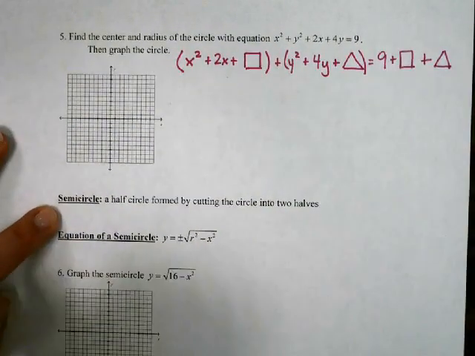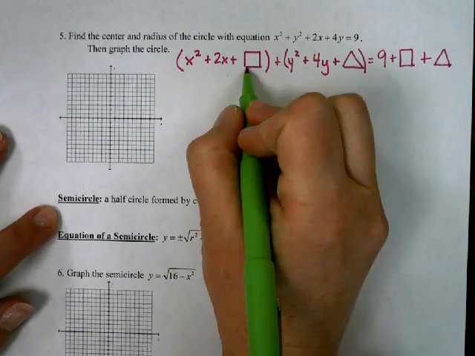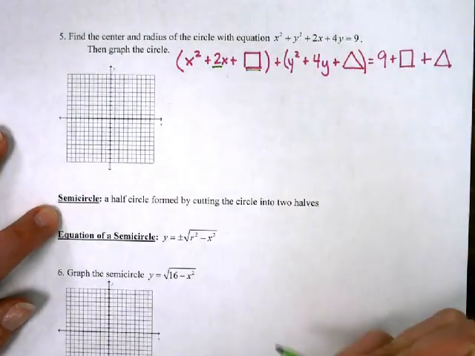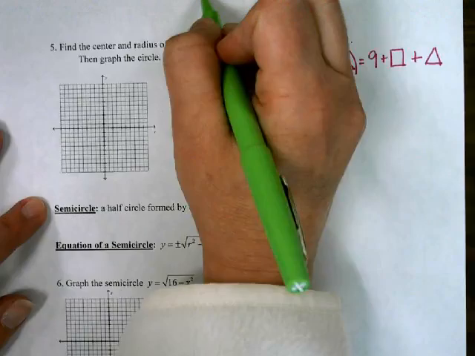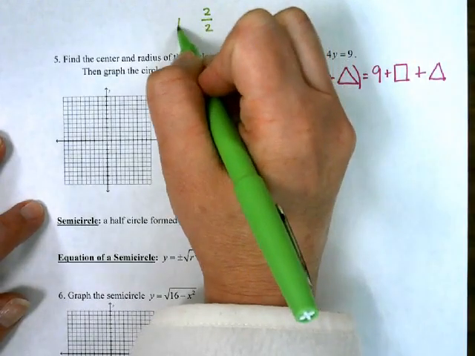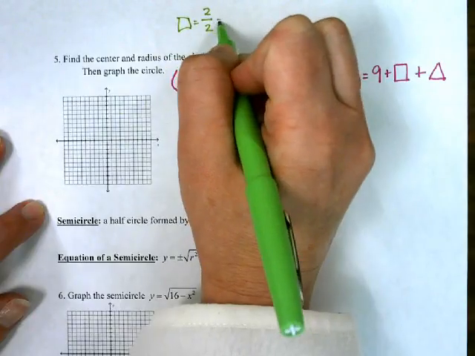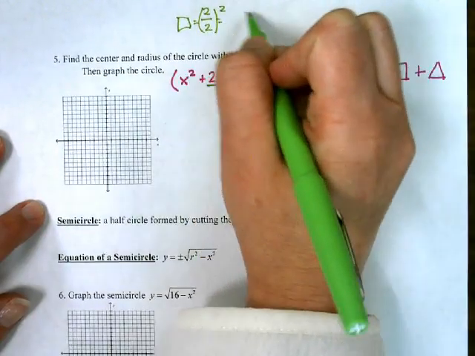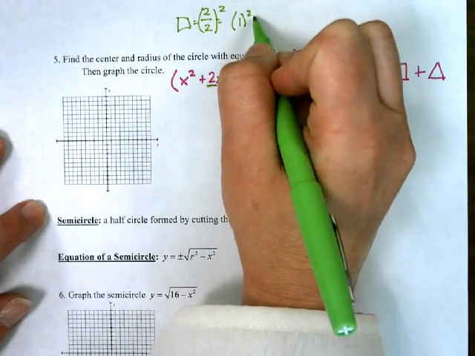Okay. In order to figure out what goes in this box, I'm going to use the 2. Okay. 2 divided by 2. Square it. 1 squared is 1. So each one of my boxes is a 1.